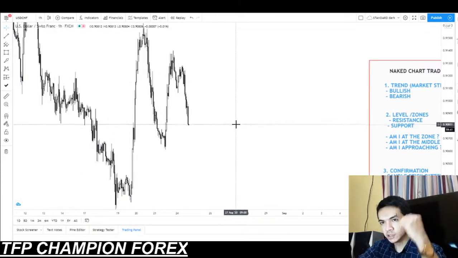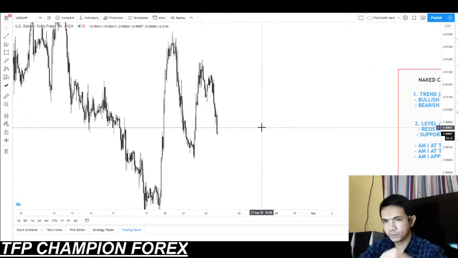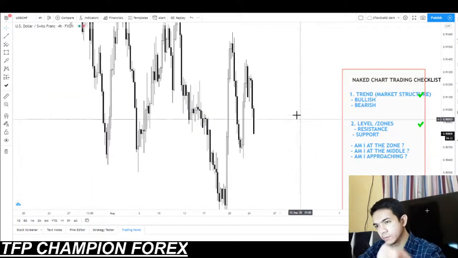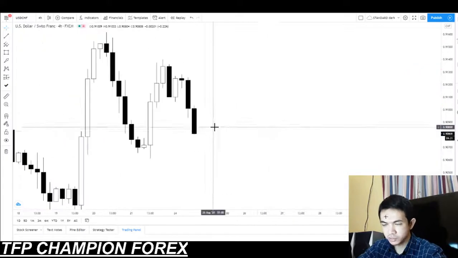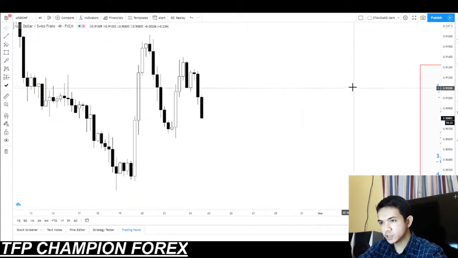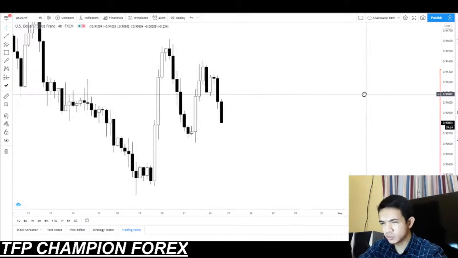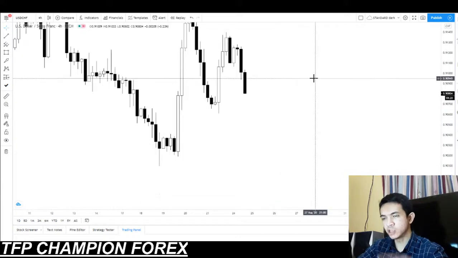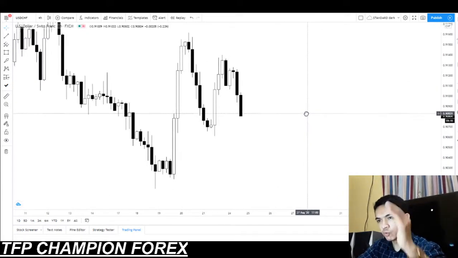All right. So let's analyze this specific chart on dollar Swiss. I will go to a higher time frame, let's say the 4 hours, H4. So what do we have here? The first thing on my checklist is, what is the trend or the market structure? What is the market showing me or telling me right now?